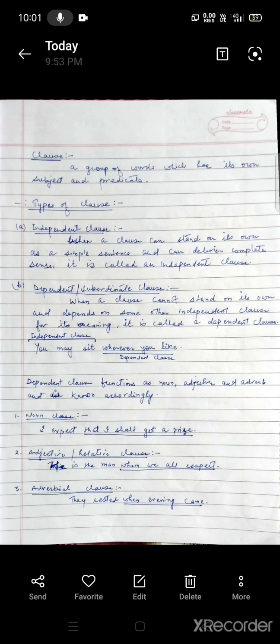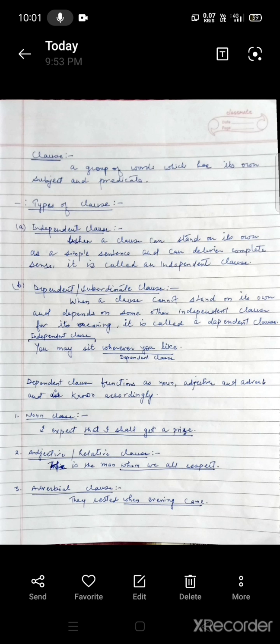We have two types of clauses. One is the independent clause and the other is the dependent clause. When a subject and its finite verb can stand on their own, independently, or when its meaning is complete in itself and it doesn't depend on some other part of the sentence, when it itself is a sentence, in that case the clause is an independent clause.